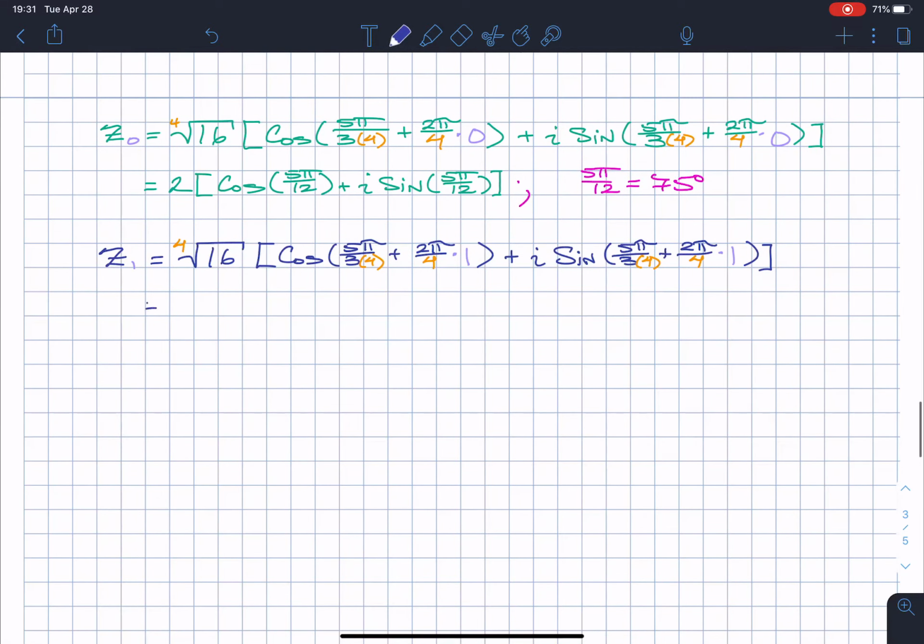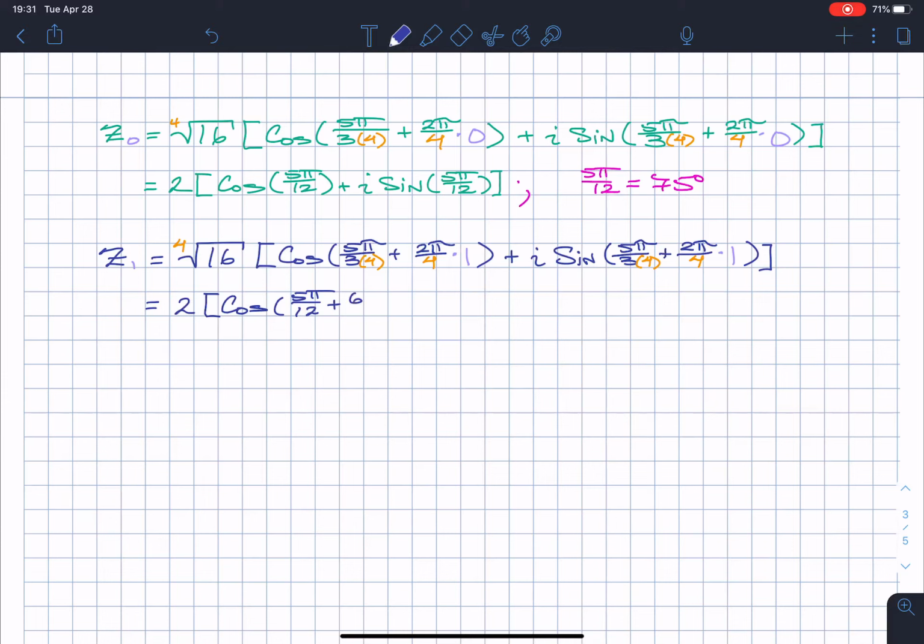Okay, so the fourth root of 16 is 2. Let's see, we will have cosine of 5 pi over 12 plus 2 pi over 4. So in order to get a common denominator, namely 12, I would need to multiply 4 by 3.